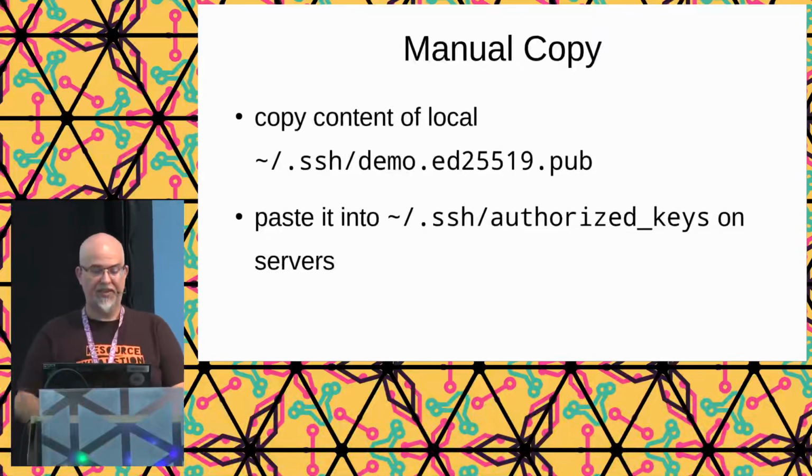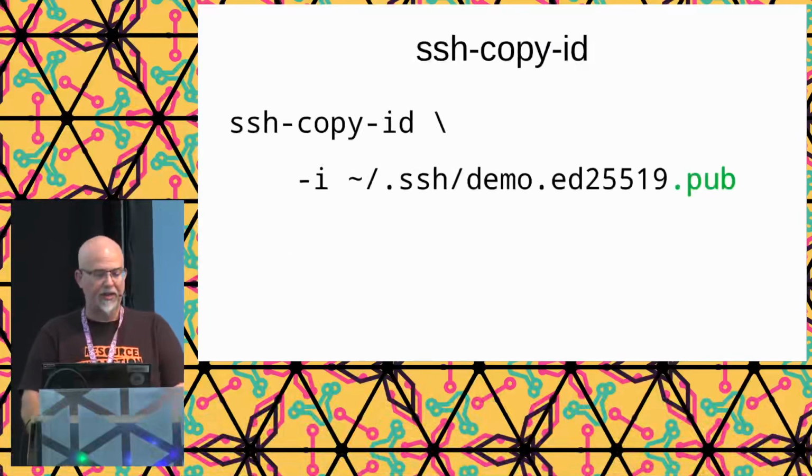So if that file does not have 644 file permissions, the whole thing will not work. Again, SSH copy ID will take care of that for you and will create that for you, so you don't have to think about that. That's why I prefer the SSH copy ID command over the manual creation of that file.